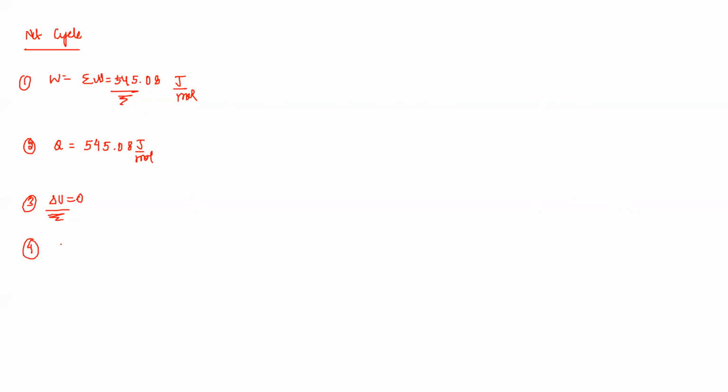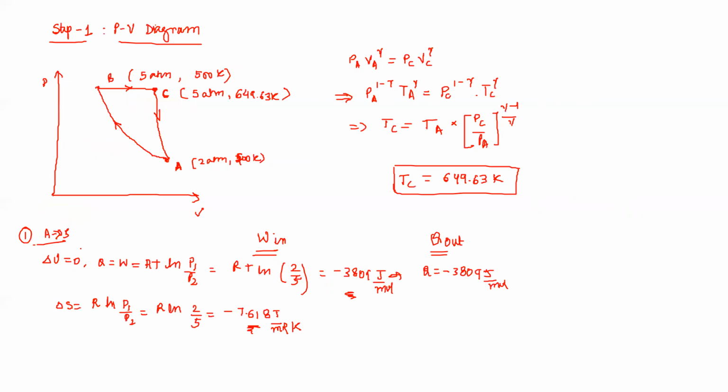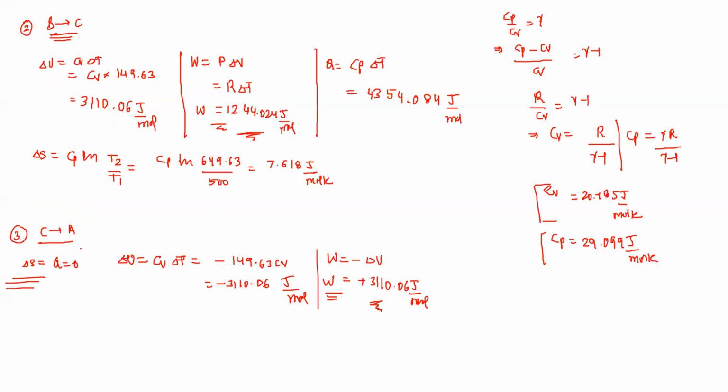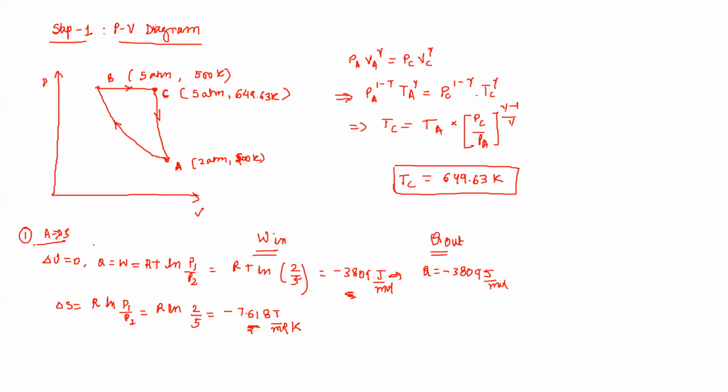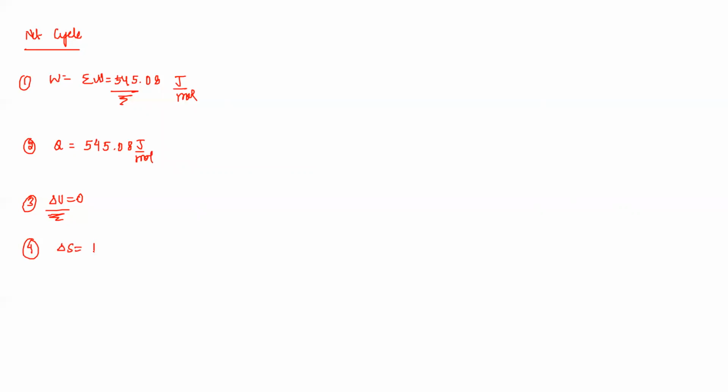And finally, you have to get the entropy change. So for entropy change, you're going to add all of them. If you add entropy in the first step, second step, and third step, it's zero. So it's minus 7.618 plus 7.618. That's zero, right? It is again zero. So keep this in mind.